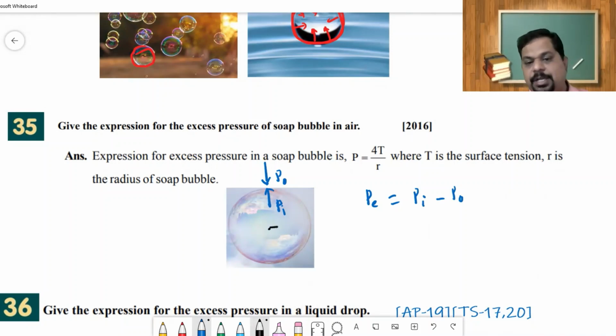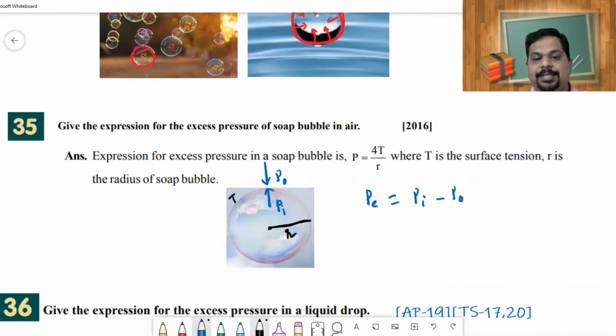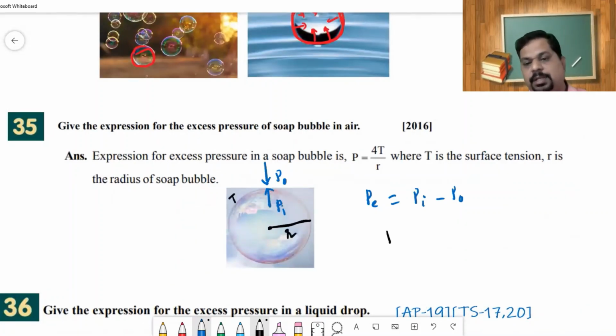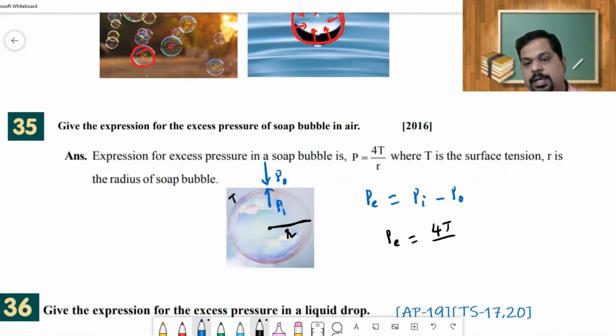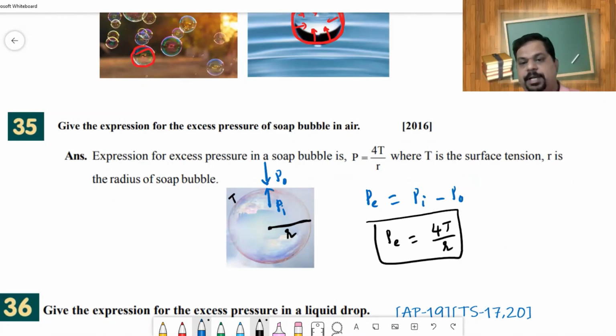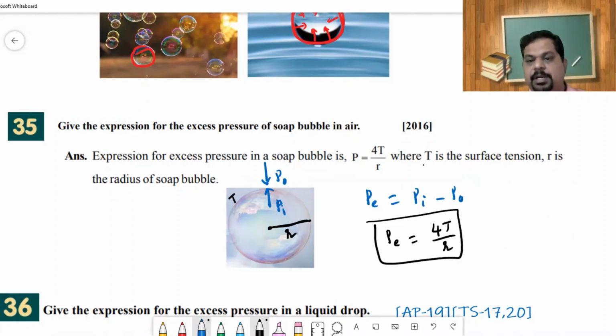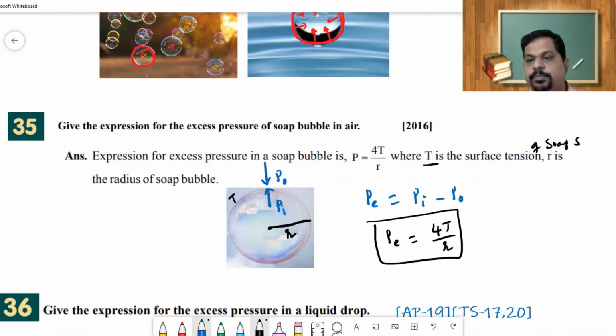So let us consider a soap bubble of radius r, and T is the surface tension of the soap. Then the excess pressure for soap bubble is given by 4T by R. It is better if you mention here, T is the surface tension of soap solution, and R is the radius of the bubble.